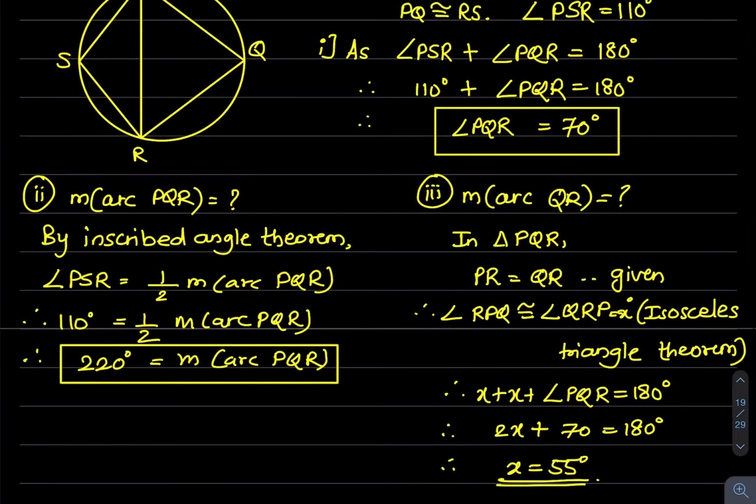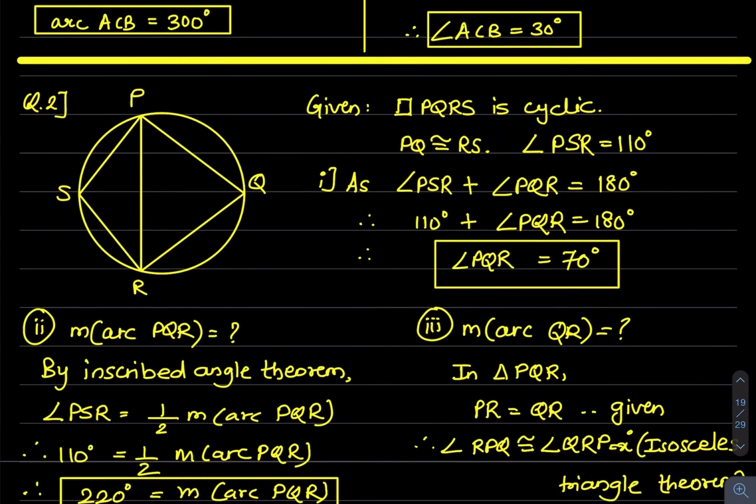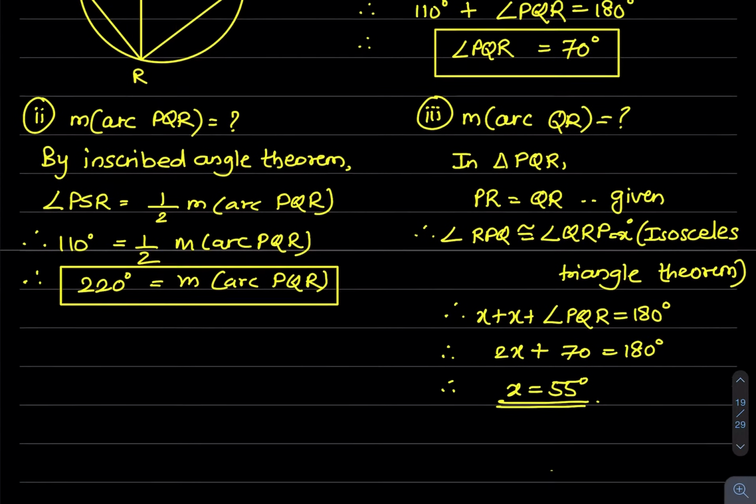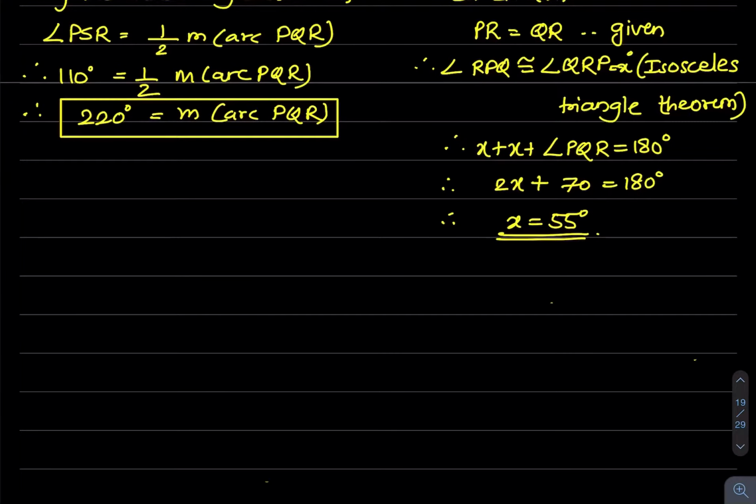So to find this measure of arc QR, we will need the inscribed angle RPQ. So this angle's measurement is 55 degrees. Now angle RPQ is 55 degrees. So by the inscribed angle theorem, angle RPQ equals half the measure of arc QR.